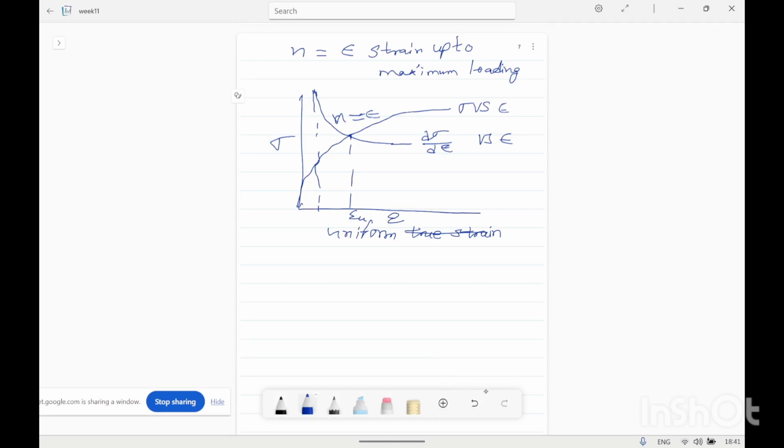So the considered equation of the plastic instability can also be written in terms of engineering strain, which is e, that can be written as (L minus L naught) divided by L naught.